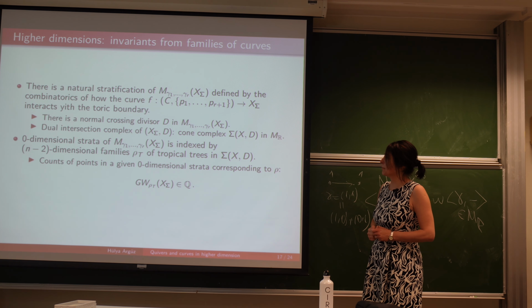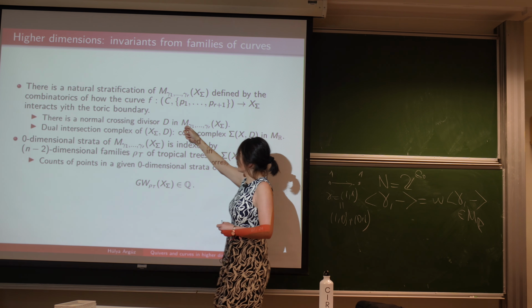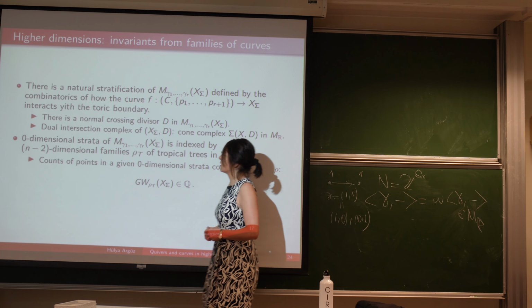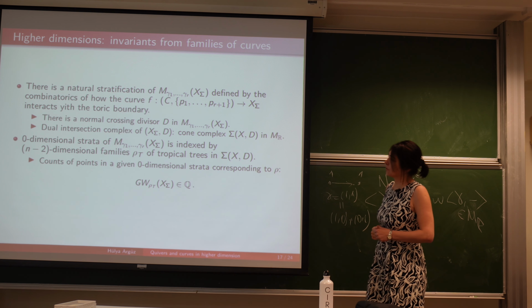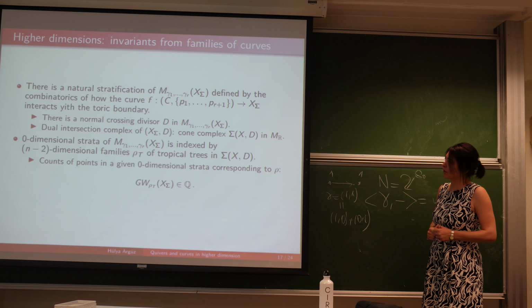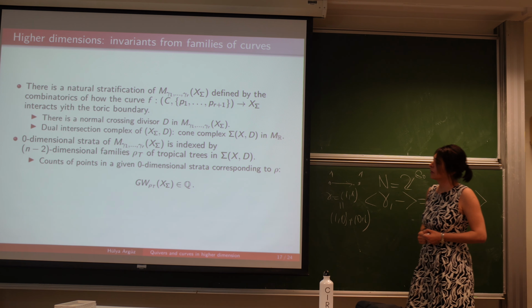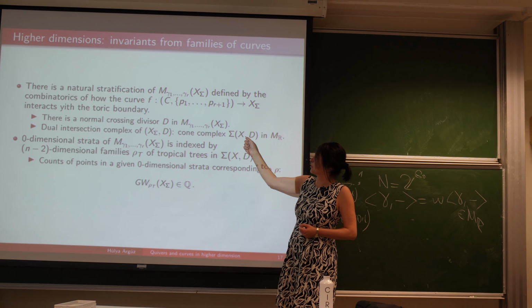And using this divisor D, you can cook up a cone complex given as the dual intersection complex of D in your toric variety, which I denote by sigma xd.